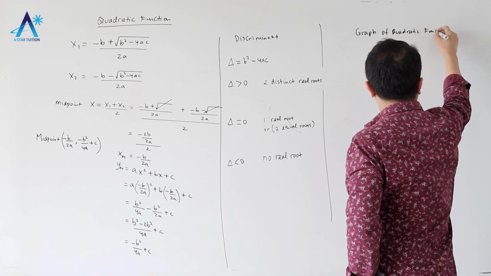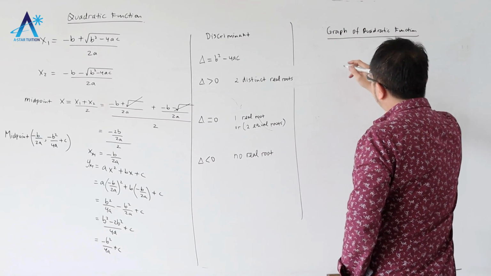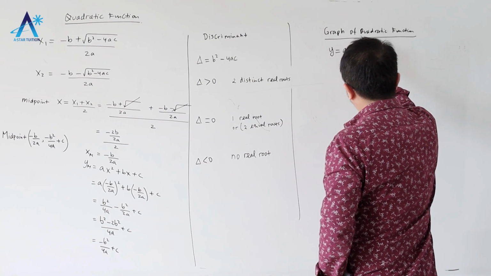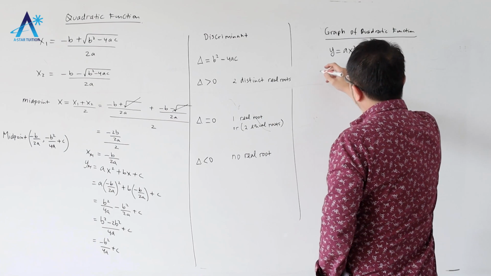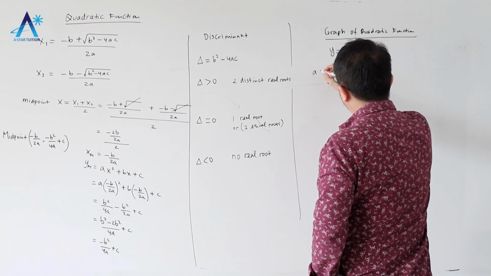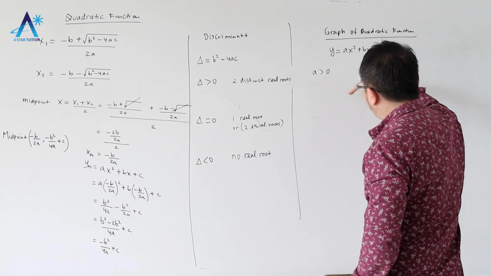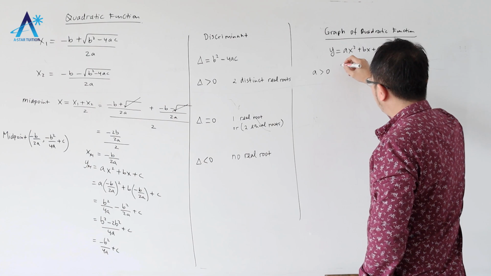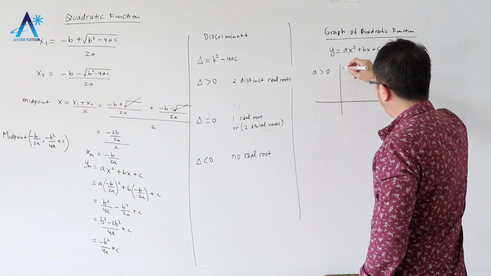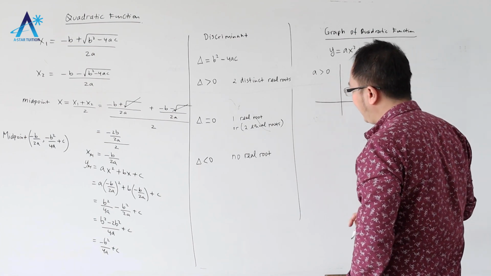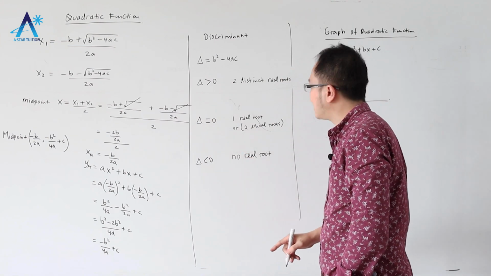Okay, moving forward, we will discuss the graph of a quadratic function, y equal to ax squared plus bx plus c. When the value of a is positive, the graph will be concave up, but we also need to pay close attention to the discriminant that we just discussed.